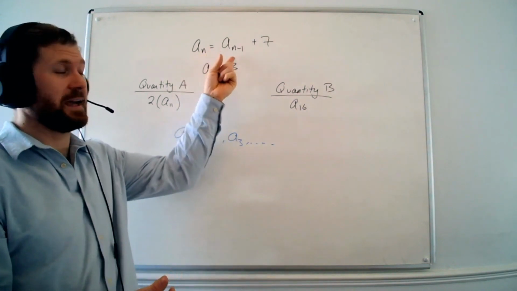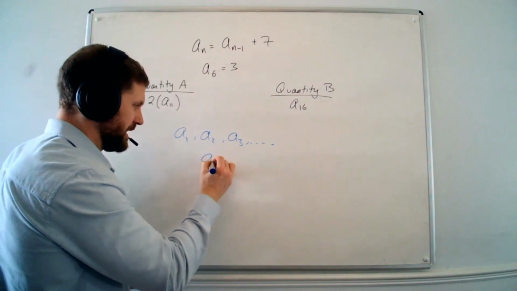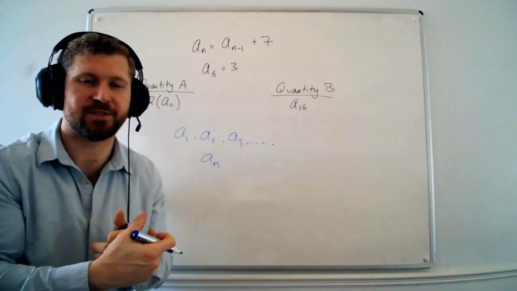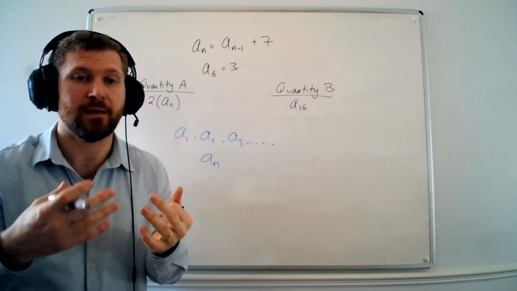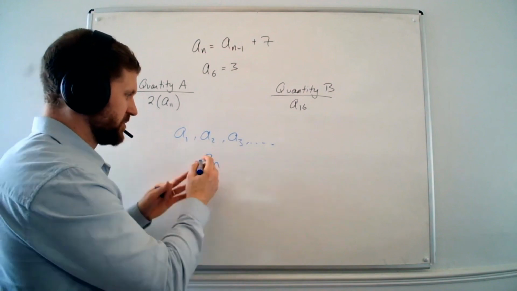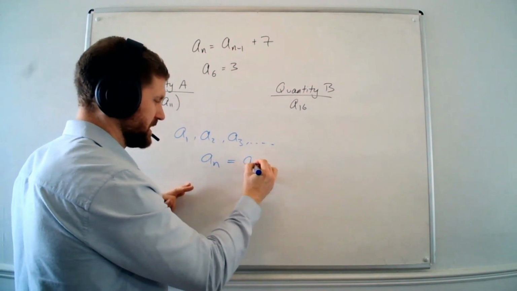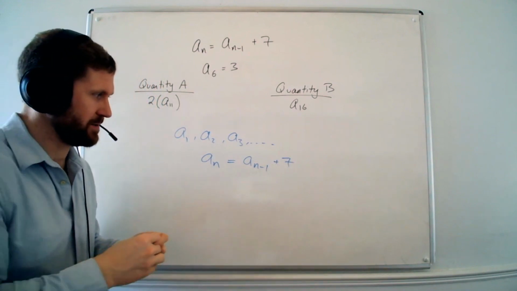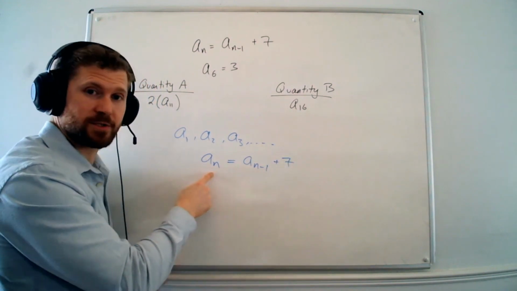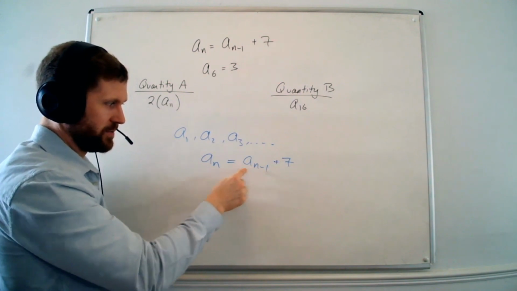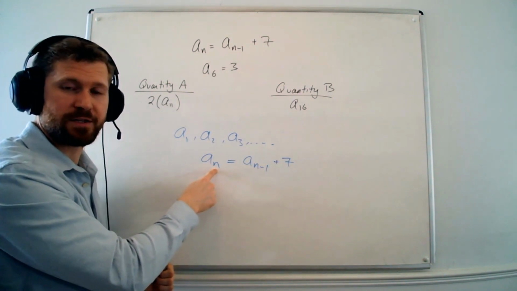Now, when I get the n's in there, an just means I am talking about some general term in the sequence. I don't know which one, but this applies to any term in the sequence. And so this formula, an equals an minus 1 plus 7, tells us I've got a relationship between these two terms. This number, n minus 1, will be 1 lower than this one.